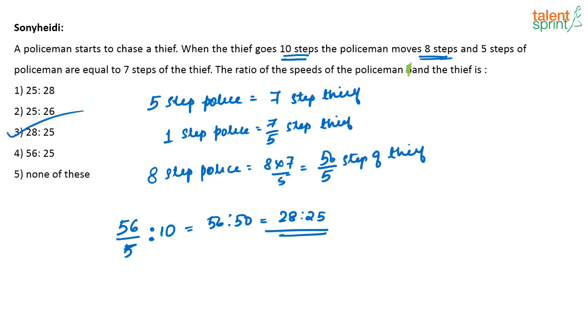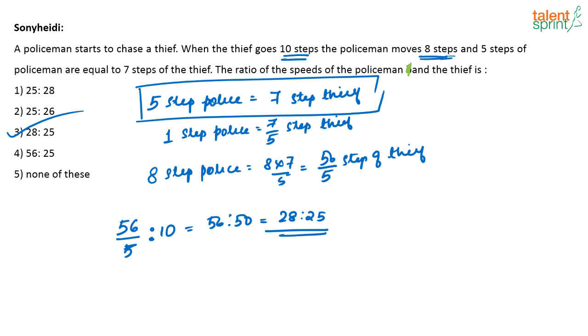Clear? See, we know that 5 steps of the police is equal to 7 steps of the thief. This is one information that is given in the question. Now when I talk about steps, right, the policeman seems to have a bigger leg, and the thief seems to have a smaller leg. Why? When the thief goes 10 steps, the policeman moves 8 steps.